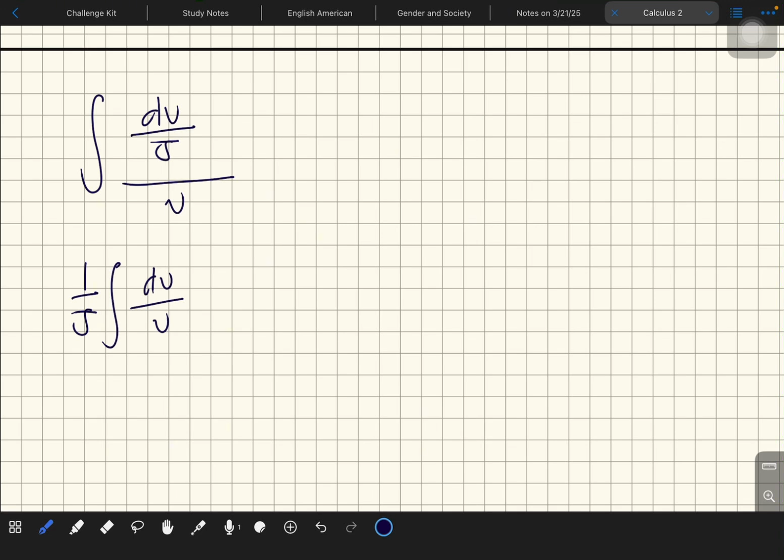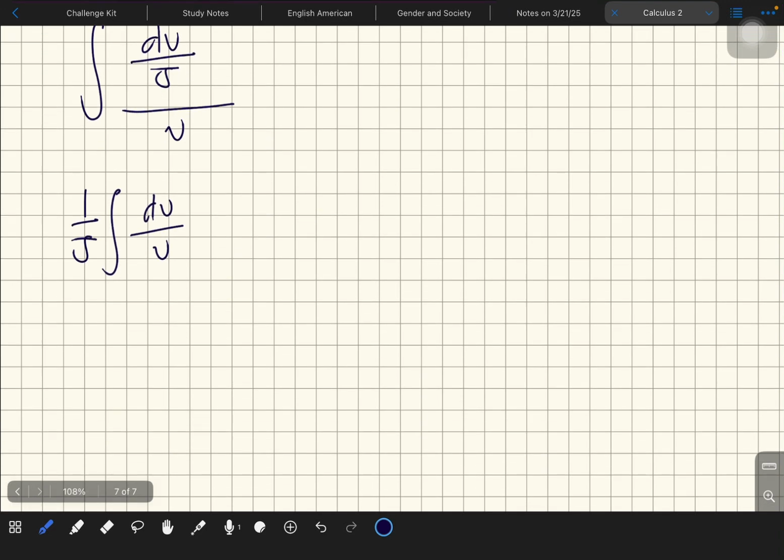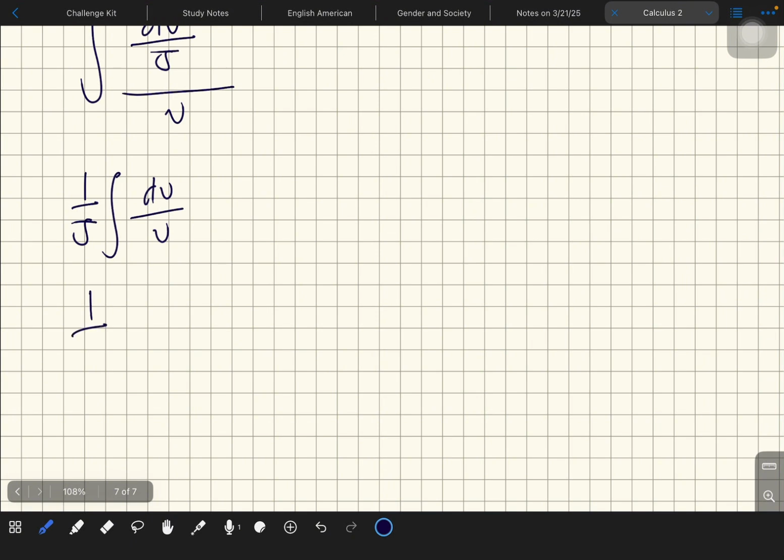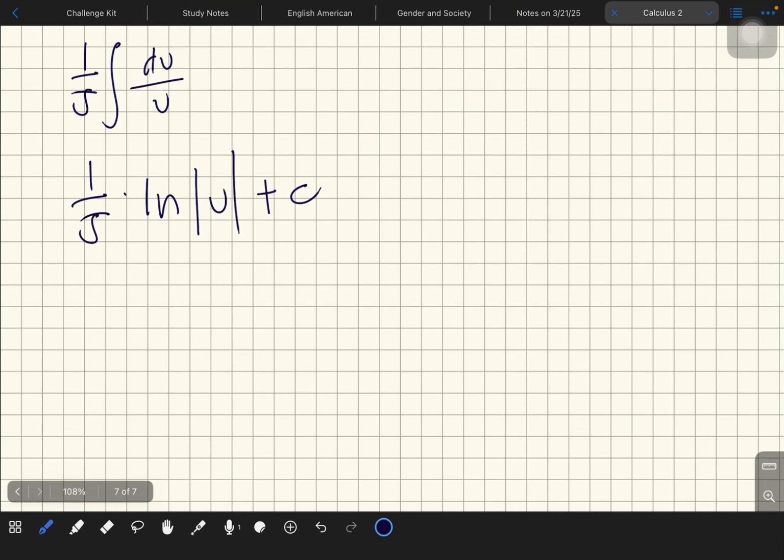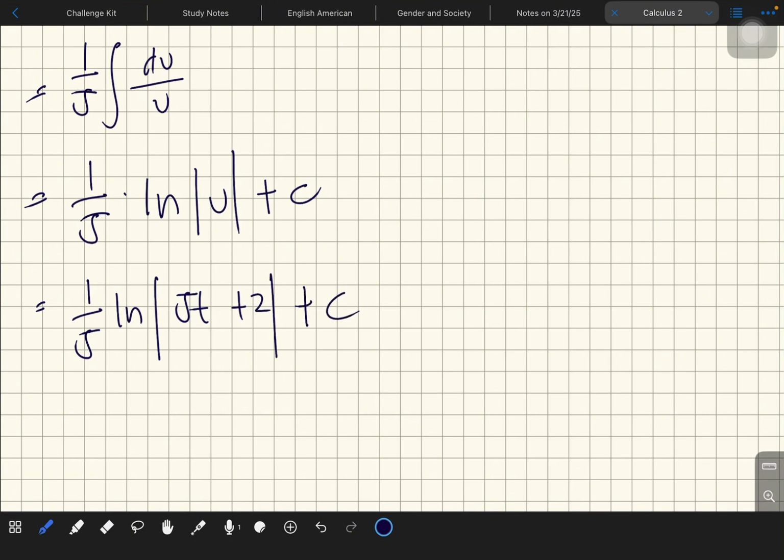Now the identity of the integral of du over u is equal to ln absolute value of u plus c. So it will become 1 over 5 times ln absolute value of u plus c. This equation is equal to 1 over 5 ln of 5t plus 2 plus c.